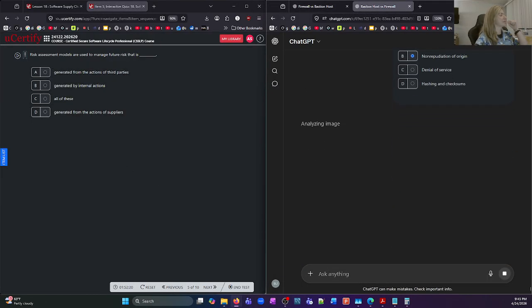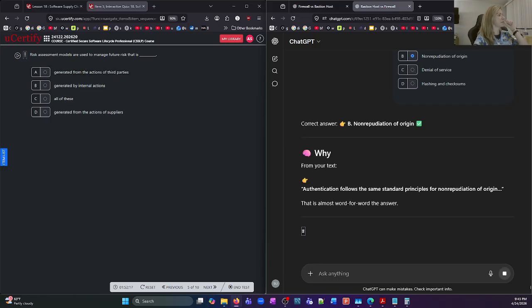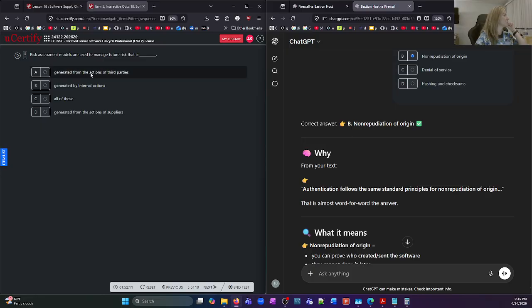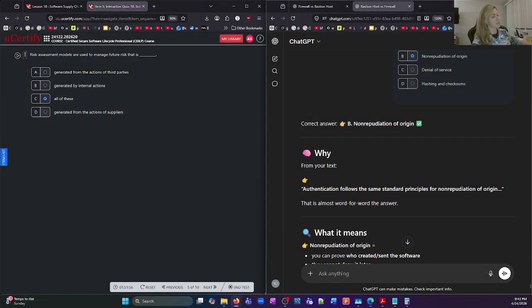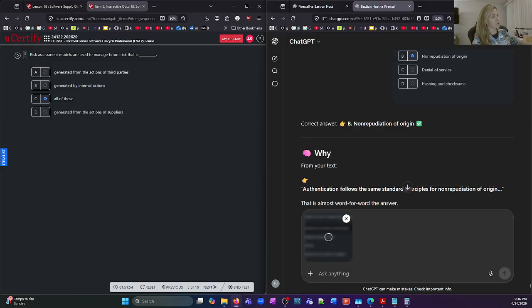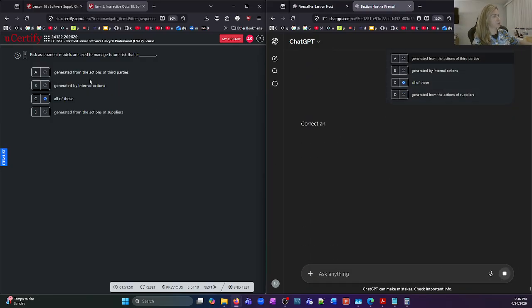Risk assessment models are used to manage future risk, that is... I would say all of these, because the risks can stem from any of those listed sources.